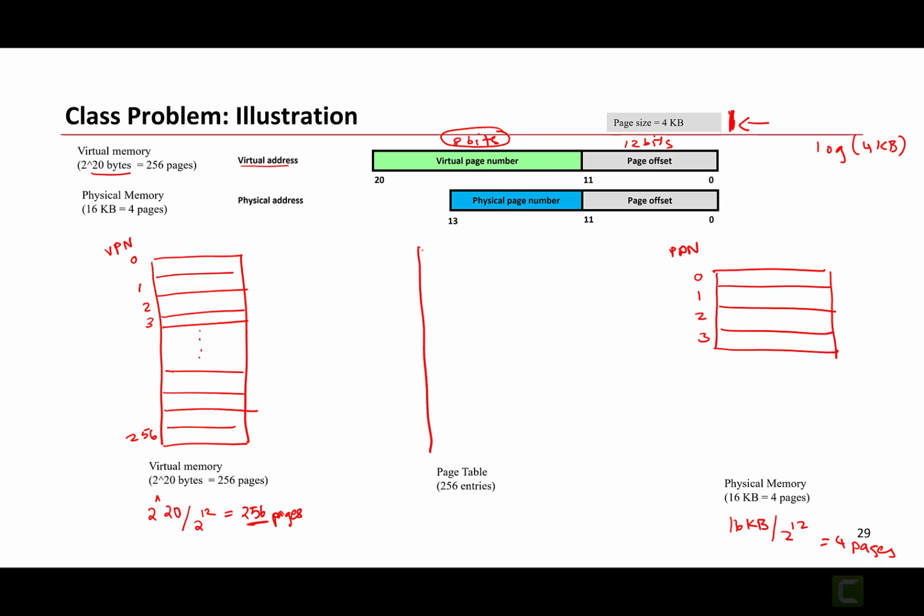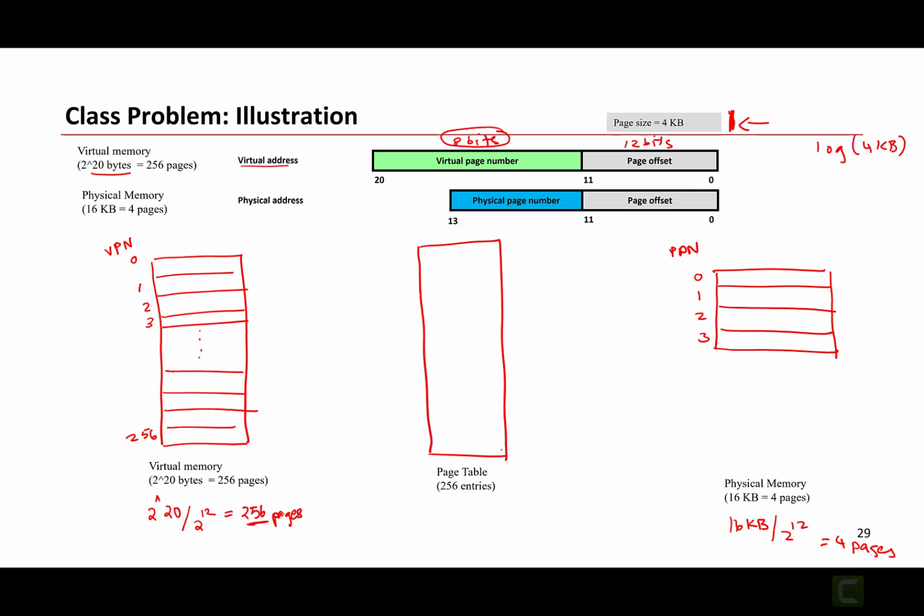And page table is nothing but an array that is as large as the number of virtual pages, because for every virtual page we need to know where it is stored or if it is invalid. So we need one entry for every virtual page.